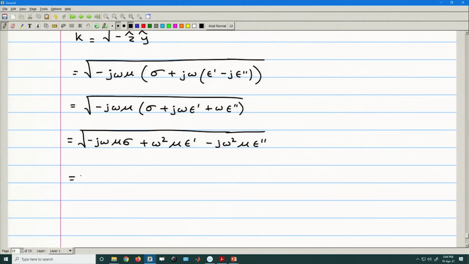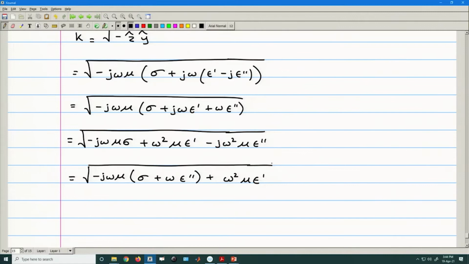That is equal to, now we will take out the common terms. We take minus j omega mu as common, then we have sigma from the first term, plus from the third term we get omega epsilon double prime. Okay. And the second term we write as plus omega square mu epsilon prime.